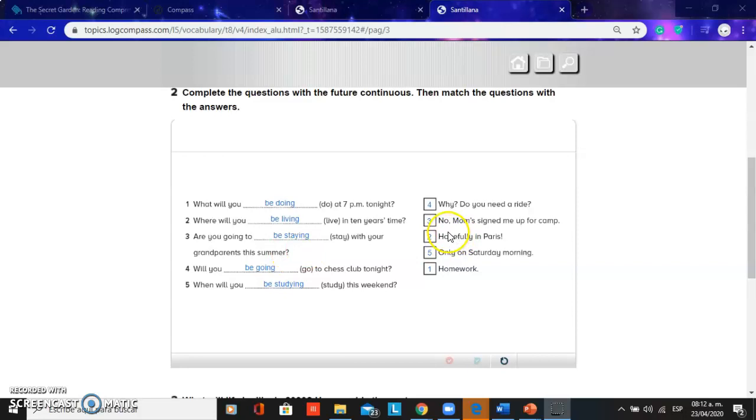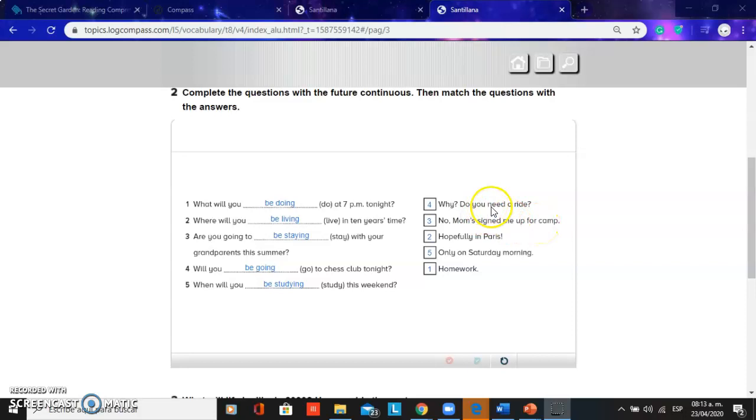Okay, now what is the answer? No. Mom signed me up for camp. Oh, poor boy. Number 4, will you be going to chess club tonight? What is the answer? Why? Do you need a ride?